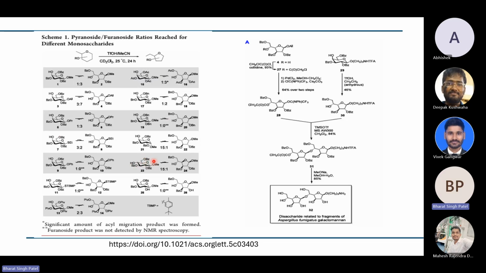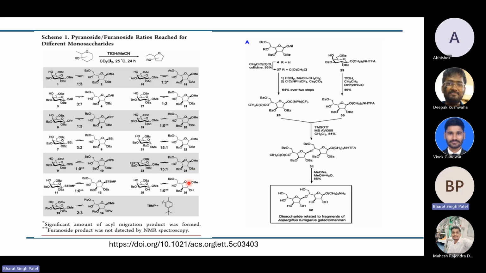In both cases, they were able to see little conversion of the furanoside. Along with that, there was decomposition of the starting material. And in the case of 25, when C2 was free and C3 and C6 were protected with OBZ, in that case also they were not able to see this furanoside product.